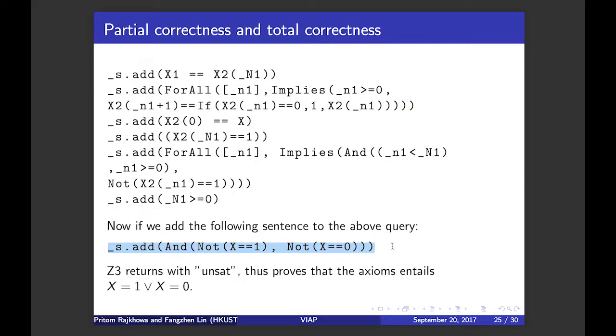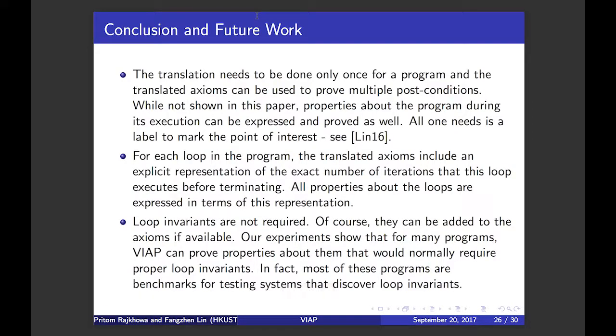So this is one of the interesting research directions. We are working on it, and it is not included in the current version of VIAP. In conclusion, in future we try to expand our system by adding more advanced heuristics to handle more complex programs.